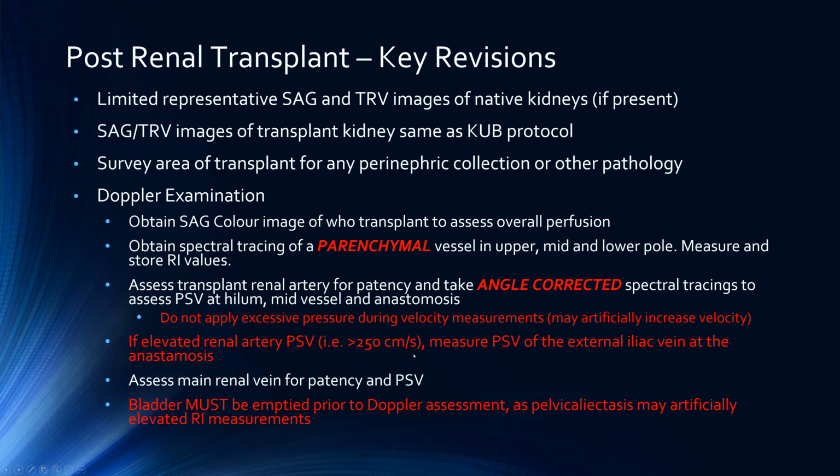But that can be limited to only if you do find an elevated renal artery systolic velocity. So anything above 250 centimeters per second in the renal artery, then I would say also do that external iliac artery measurement just above the anastomosis.